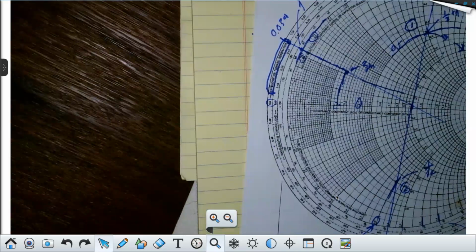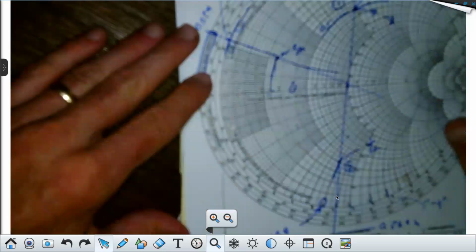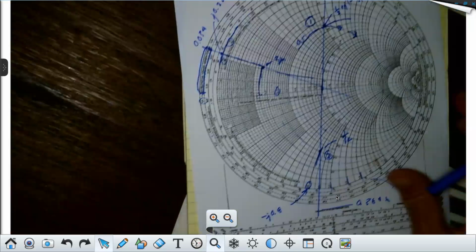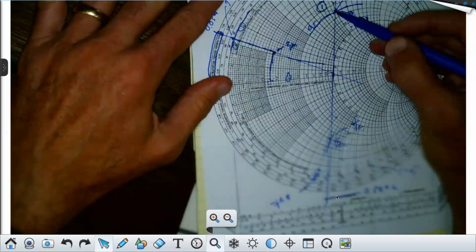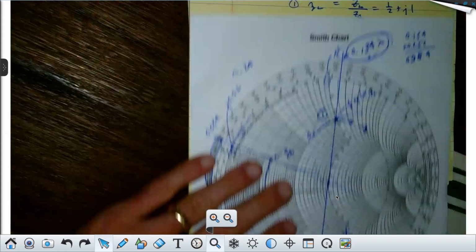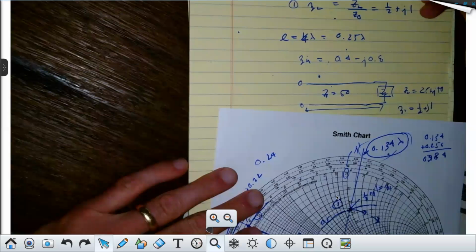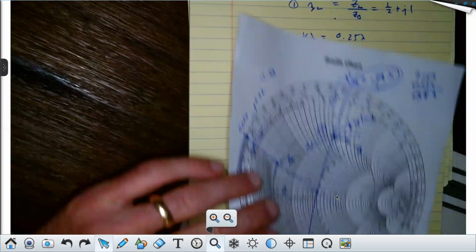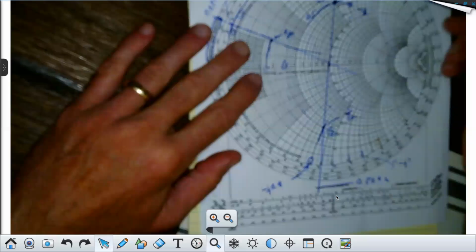Now, while I'm on this, just to rehash a few things, if I'm here, this is where I came in at, right? That was where the load is, right, everybody? That point here corresponds to being right here at the load, normalized, right? Now, how far from that load do I have to go before I hit a voltage maximum? Do you remember what I told you on Friday?